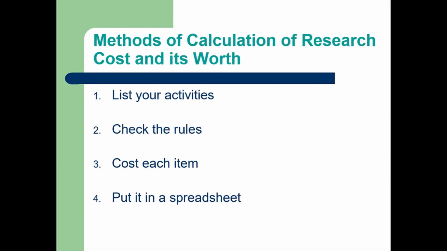Okay, the methods of calculation of research would vary according to the scope of the study. The larger the scope, of course, the more costly the research will become. So it is also important to monitor the cost of research. The R&D, or the research and development team, are assigned to do business research. Of course, they are funded, or they have a budget allocated by the management.